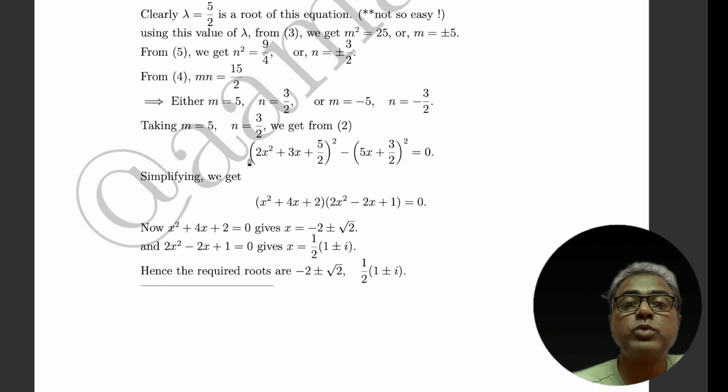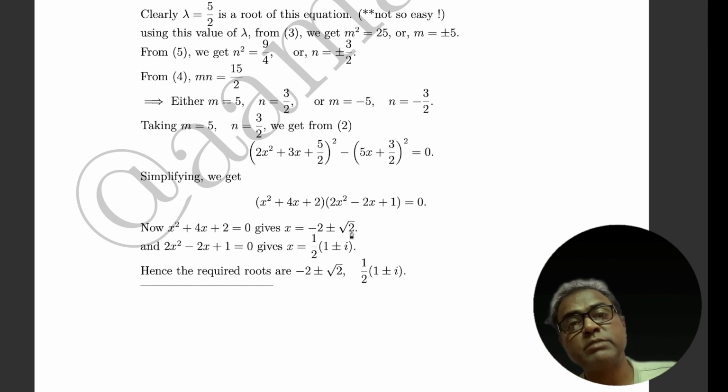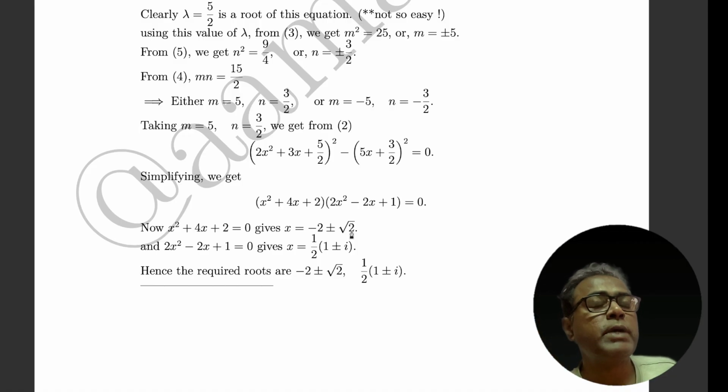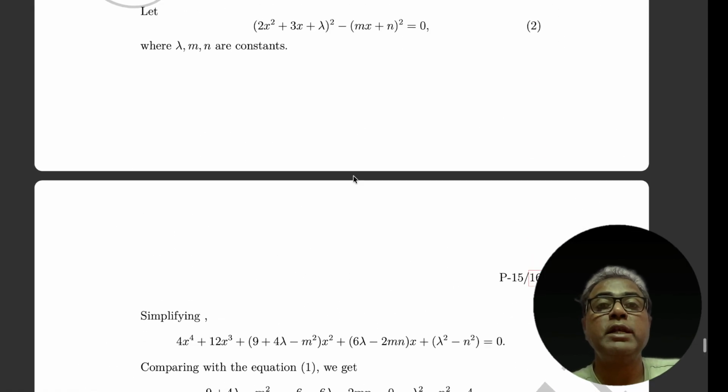From the first factor, x square plus 4x plus 2, by the formula minus b plus minus root over b square minus 4ac, divided by 2a, we get minus 2 plus minus root 2. From the second factor we get x equal to half of 1 plus minus i. So the required roots are these 4 roots. Very simple.